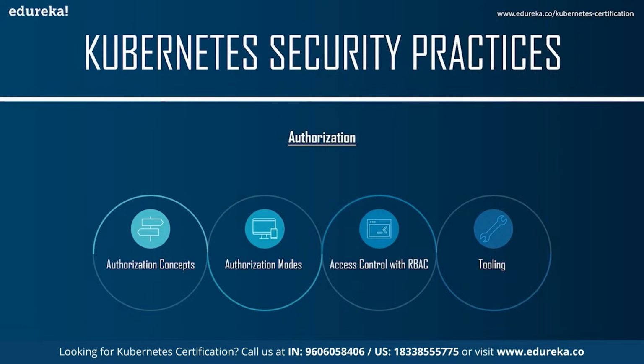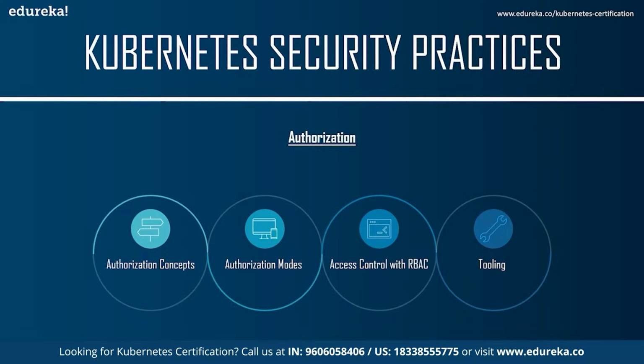Firstly, you will have to be aware of some concepts of authorization. Kubernetes authorizes API requests by using the API server, evaluating the request attributes against the policies, and subsequently allowing or denying the request. By default, the permissions are denied unless explicitly allowed by a policy.